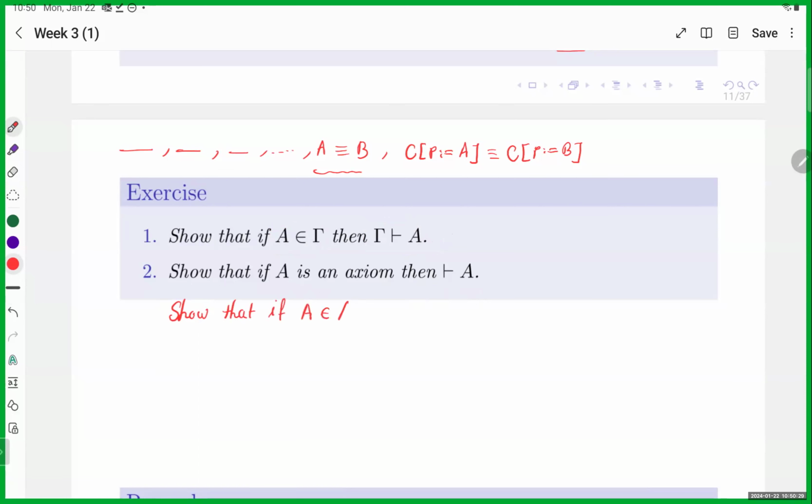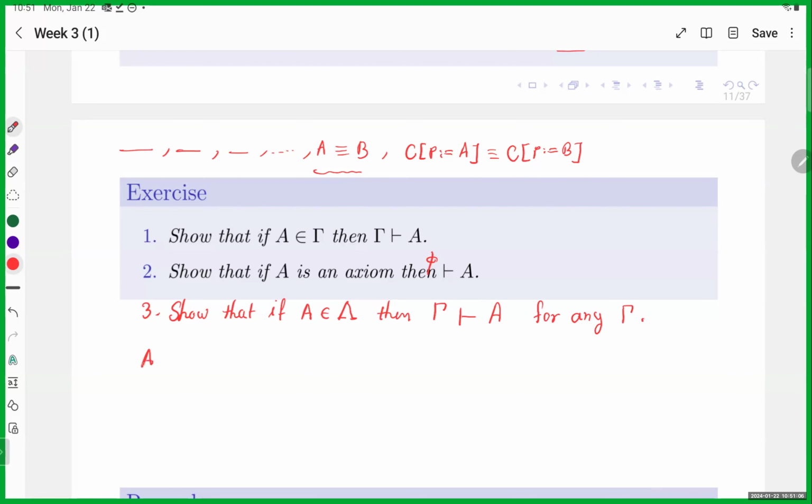If A is an axiom, that means A belongs to lambda, then gamma proves A, for any set of formulas gamma. When I say for any gamma, gamma could be the empty set. It doesn't matter because I can write a gamma proof for an axiom in one step.